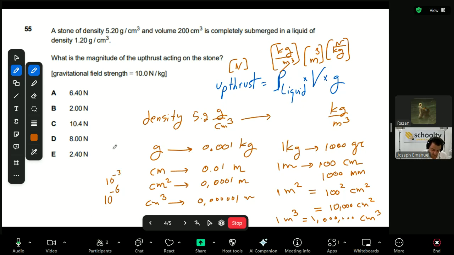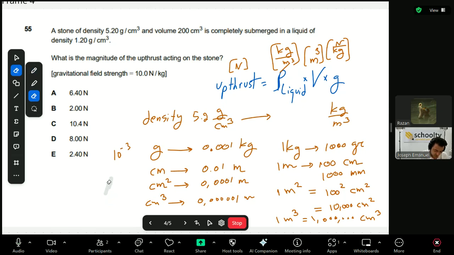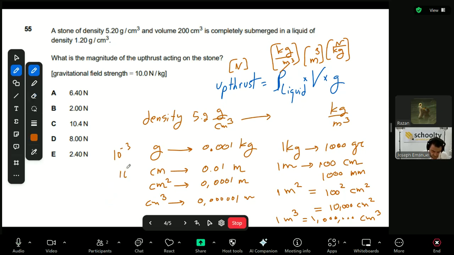Wait, one minute, I got confused here. This is 10 to the minus 2, this is 10 to the minus 4, and this is 10 to the minus 6.